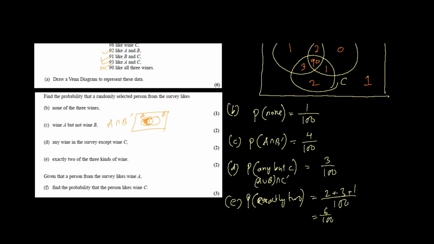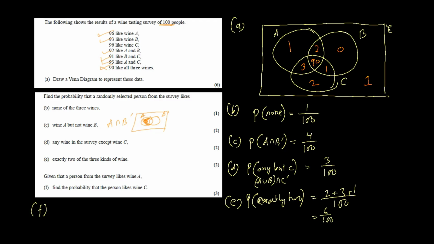Now the final one, F, given. Now given that the person in the survey likes wine A, remember this, whenever this information is given, this means the total is given. Previously the total was 100 people, but now the total is given A. So given A, in A there are altogether 96 people, so the total is going to be 96 now instead of 100.